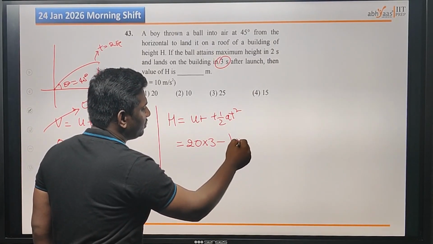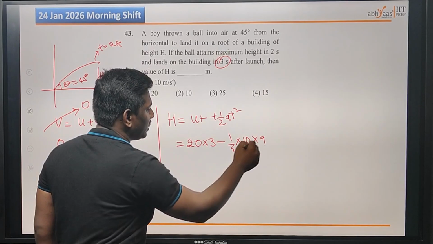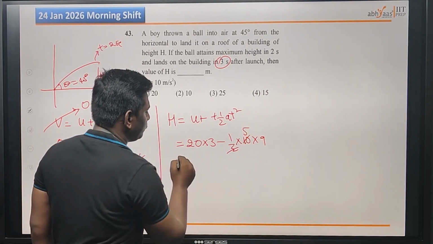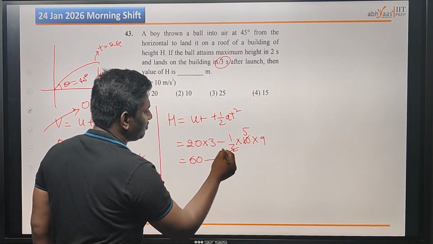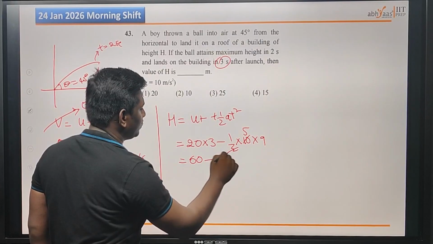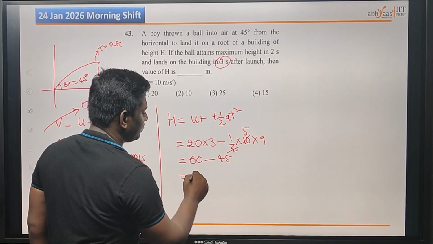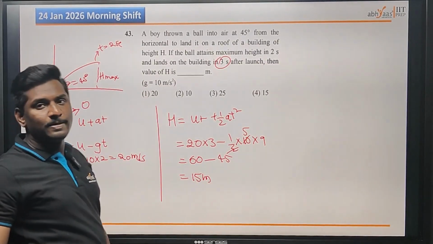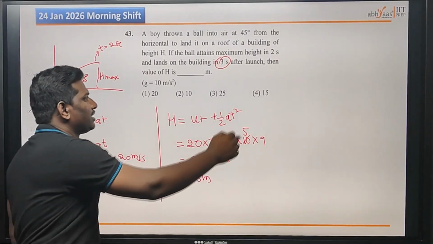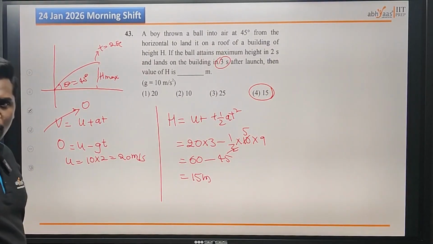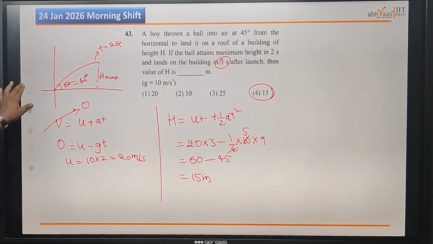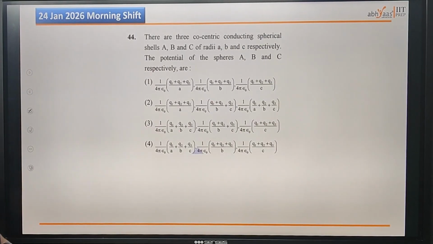Half into 10 into 9. So 5 into 9, that is 60 minus 45, you will get 15 meters. So height is nothing but 15 meters. Option 4.